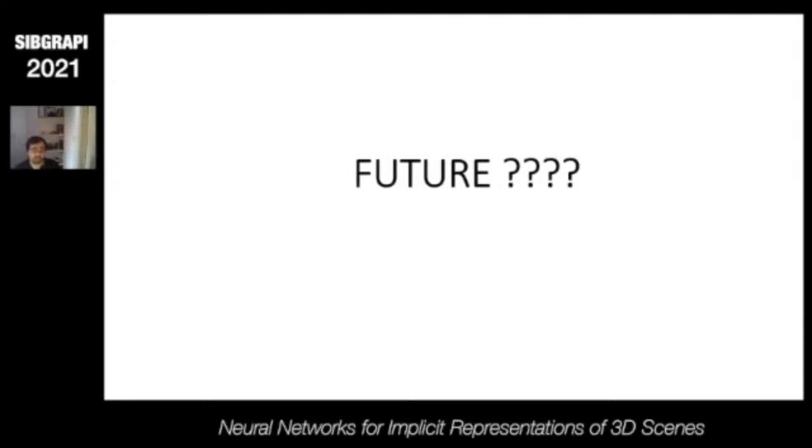Maybe we can improve the quality of reconstruction using sinusoidal activation functions, combining the power of Siren and IGR, or maybe combining IGR with implicit differentiable rendering to learn both shape and material. Why not?